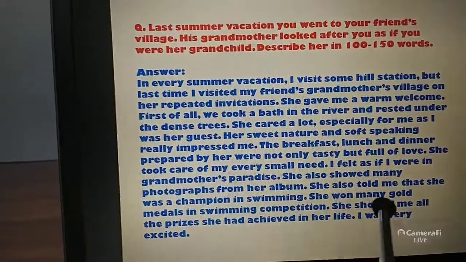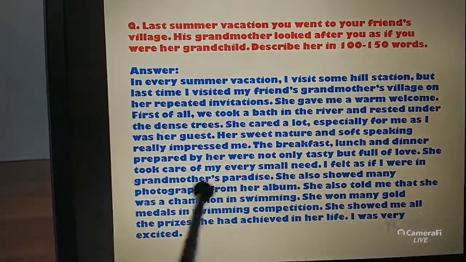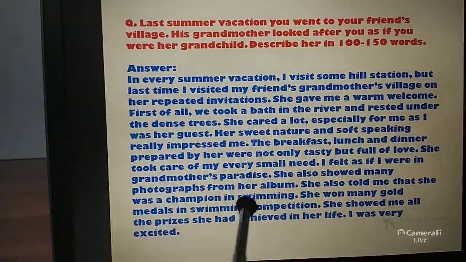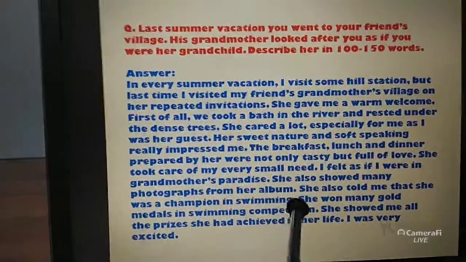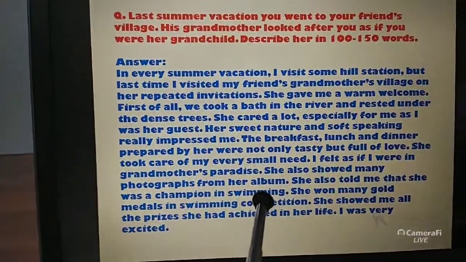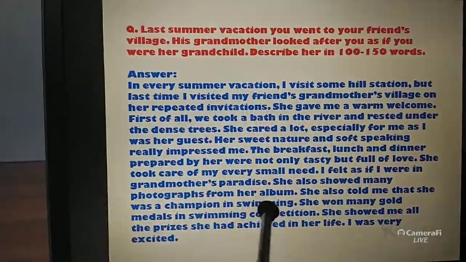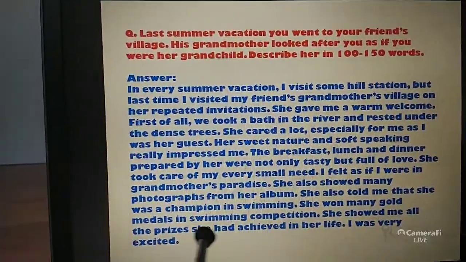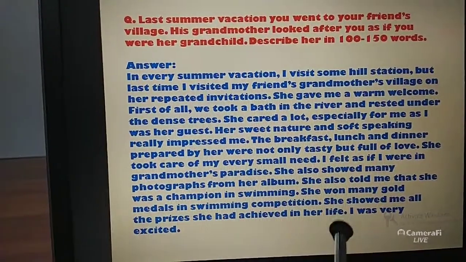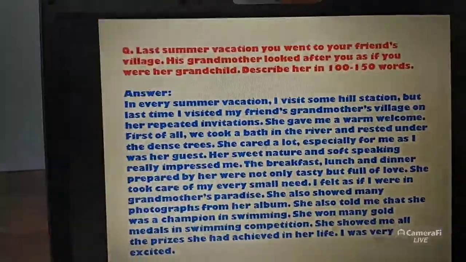She also showed many photographs from her album. She also told me that she was a champion in swimming. This is her achievement. She won many gold medals in swimming competitions. She showed me all the prizes she had received in her life. I was very excited.